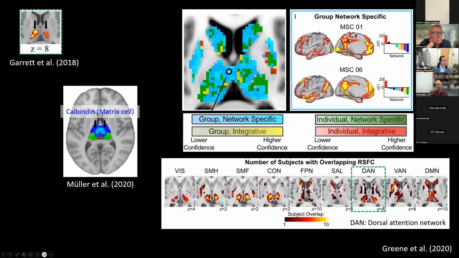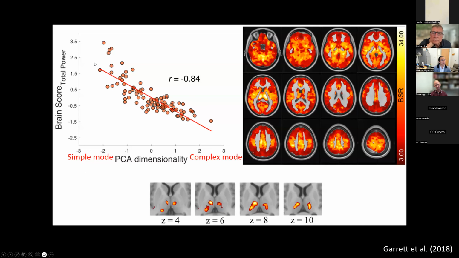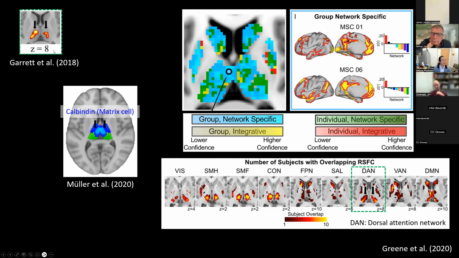And we can use the matrix and core separation again. And Gallet, this author, reported this region. So this region, I believe, falls within the matrix cell region. And matrix cells cover the frontal regions, and I think that broadly agrees with the prediction made by the authors, and probably overlaps somewhat with the dorsal attention network.